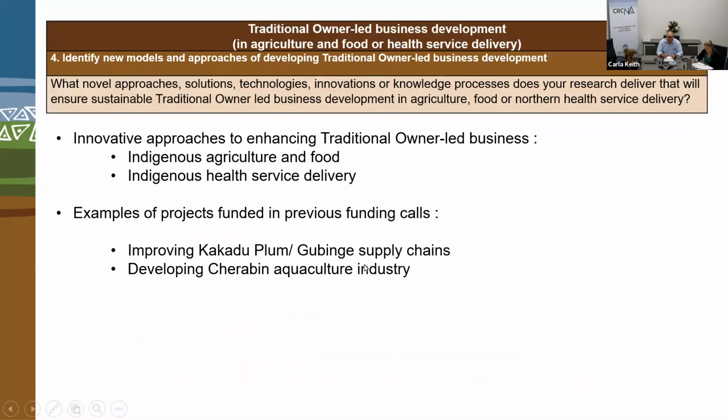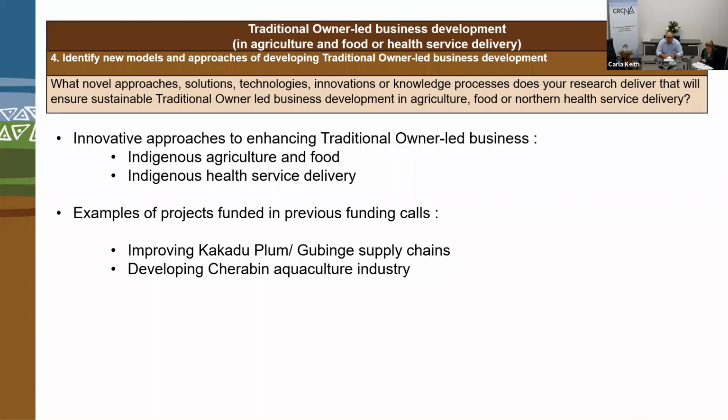And finally, in our traditional owner-led business development area, our process is really around identifying new models for undertaking traditional owner-led business development. And as I said, these projects must be within the areas of agriculture and food and/or health service delivery.